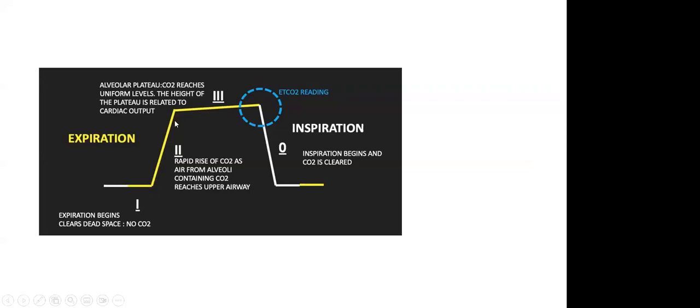After that, there is a rise in the CO2 because these are the gases which are exchanged, after which it plateaus. Here, this particular point, whichever is plateauing, that is your EtCO2. Once inspiration begins, the capnography curve falls low down.